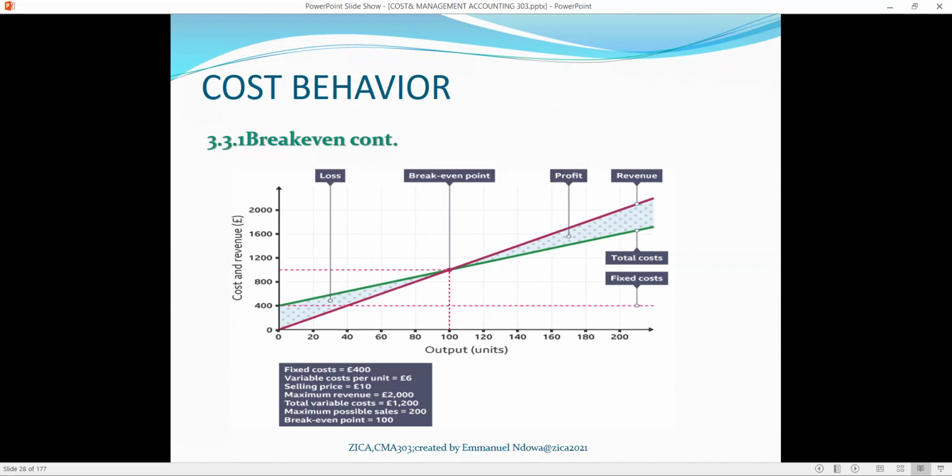That's how we come up with the margin of safety. Basically, the margin of safety is the range by which we can drop our revenues before we make some losses. That's the essence of the margin of safety.